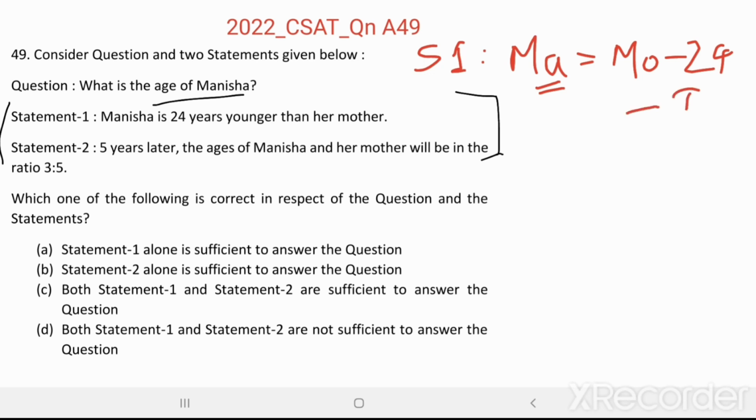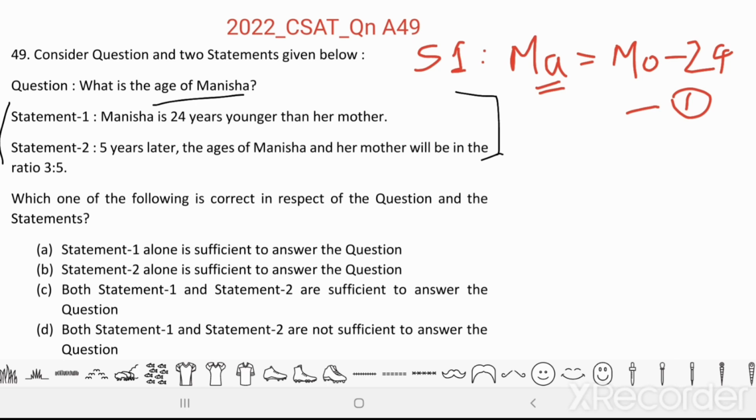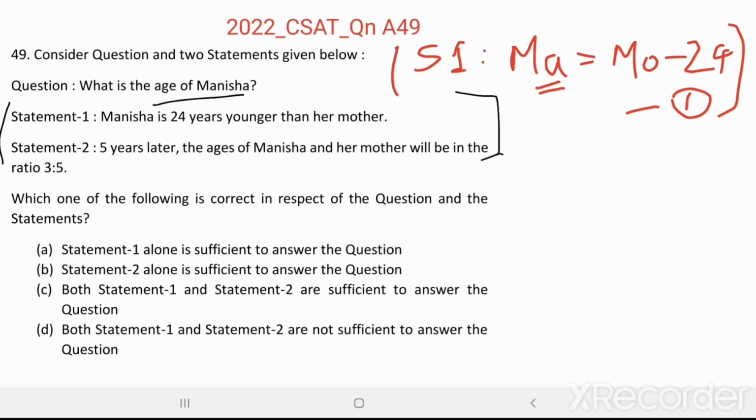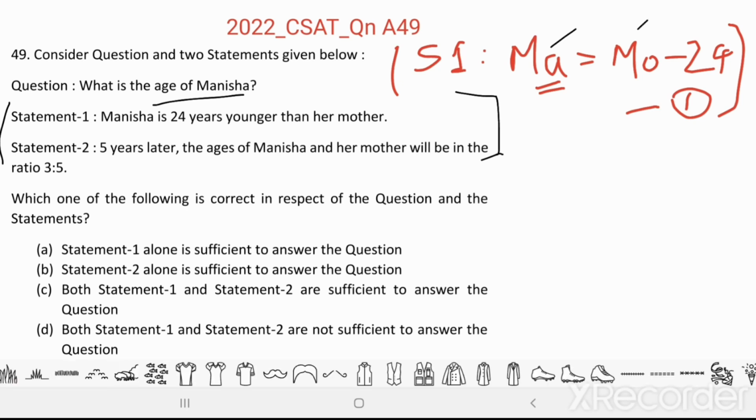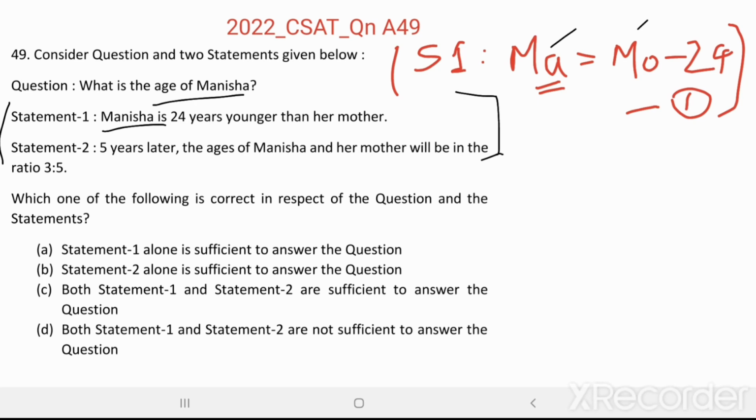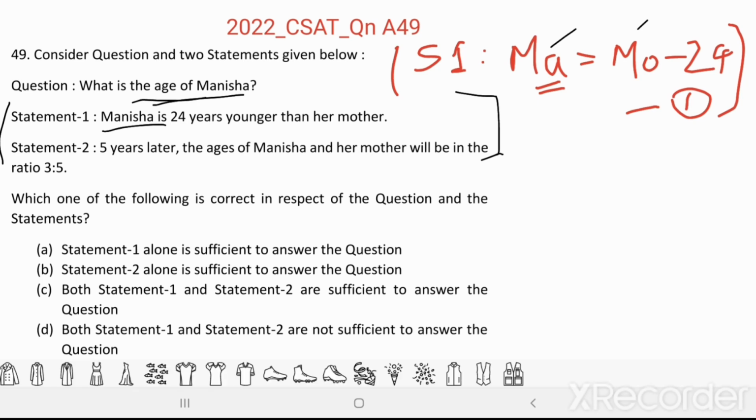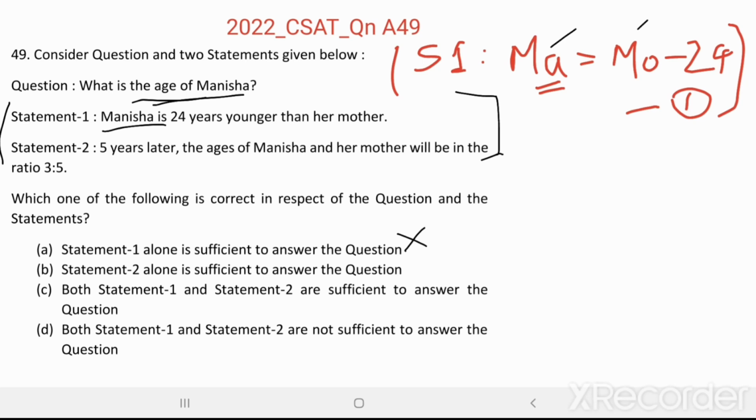This is equation 1. In this equation, there are two variables and only one equation. Therefore, based on this statement alone, we cannot answer the question. So we can eliminate the first option. Statement 1 alone is not sufficient.